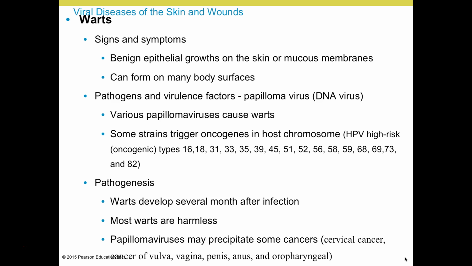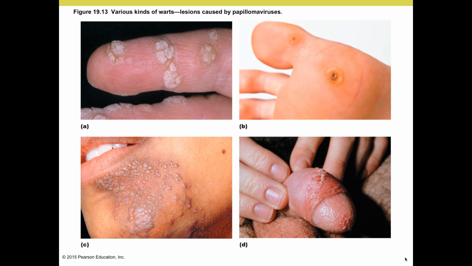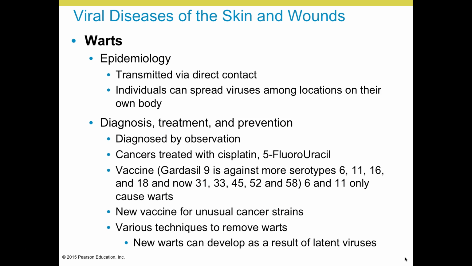Well, they develop several months after the infection. Most of them are harmless, but they can progress into cancer later on in life. How do you get it? Through direct contact, skin to skin, or through an STD.